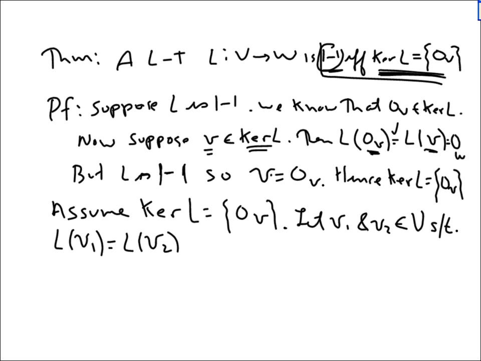Now somehow I want to conclude that V1 and V2 are equal. If this guarantees me that V1 and V2 are equal, then L is 1 to 1.